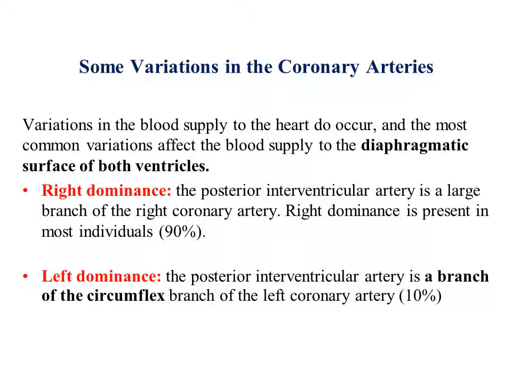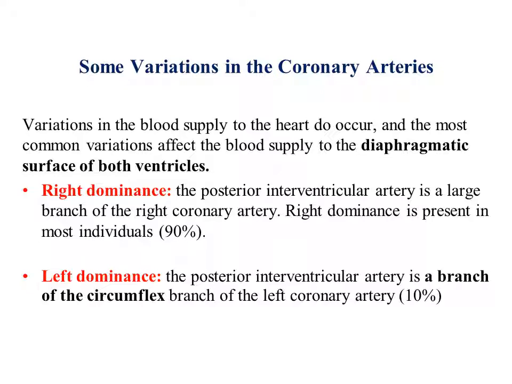But in left dominance, the posterior interventricular artery, which is usually coming from the right side, is here a branch of the circumflex artery, which comes from the left coronary artery, and this left dominance is 10%.